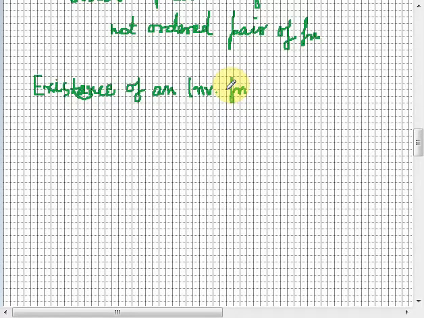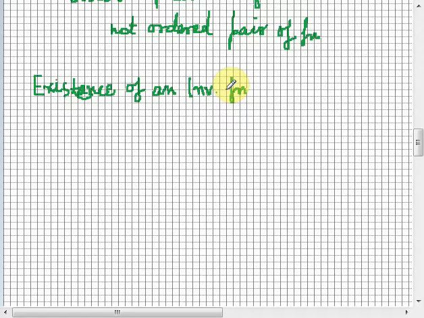Suppose a function is given, we want to find out its inverse function. So we have to first verify whether the inverse exists or not. Only then will we calculate the inverse of that function. A function need not have an inverse function. For instance, f(x) = x square has no inverse.